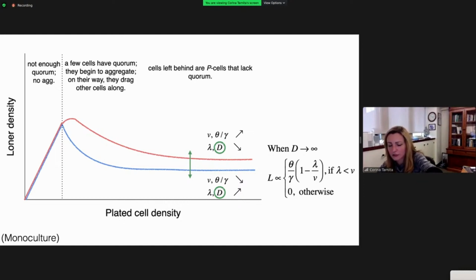So if the velocity is higher, you're going to have more loners, and if the velocity is lower, you're going to have fewer loners. But there is also really important in the analytical calculation, the relative magnitude of the stochastic rate versus the rate at which you move away, basically the velocity. Their relative sizes matter for whether you're going to have loners or not.